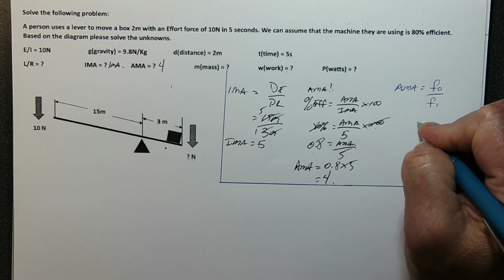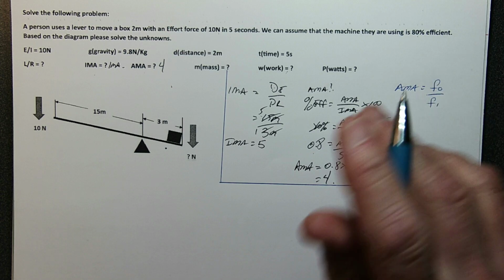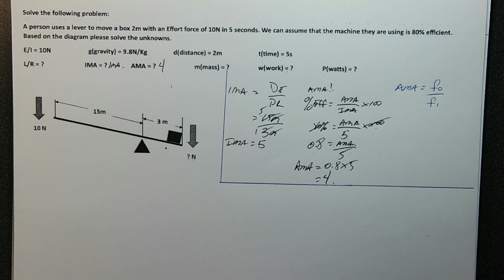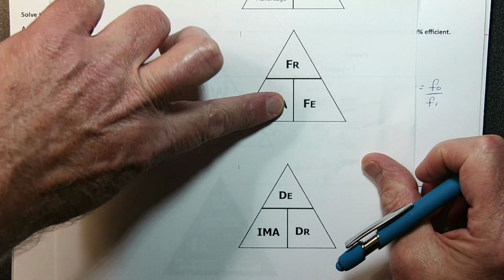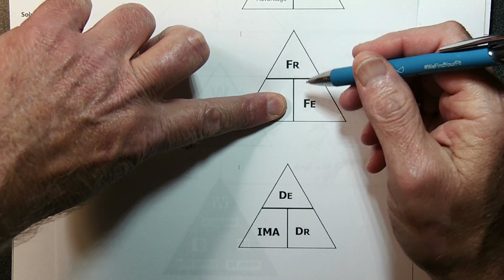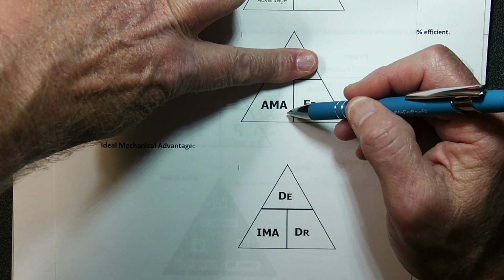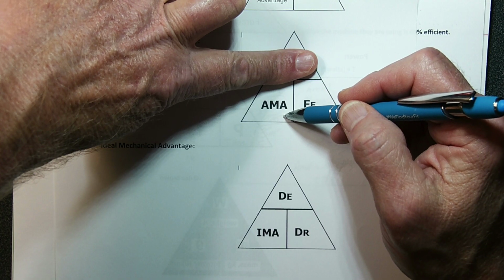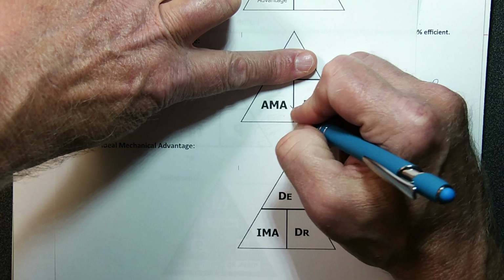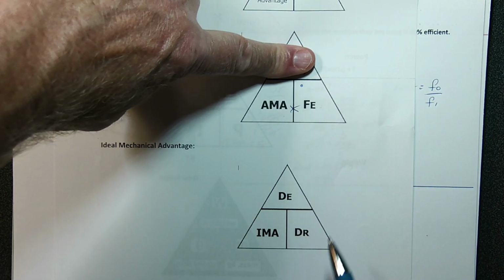So if AMA is equal to force out divided by force in, then guess what? If we look at our triangle, if I need to find my force out, I have to multiply my force effort by my AMA. This is multiply, and this is divide. So we don't know our force resistance, but we do know our force input and our AMA, so now we're multiplying.